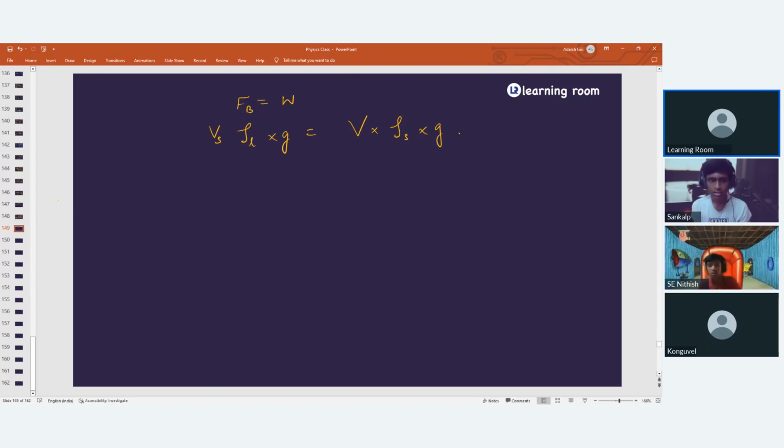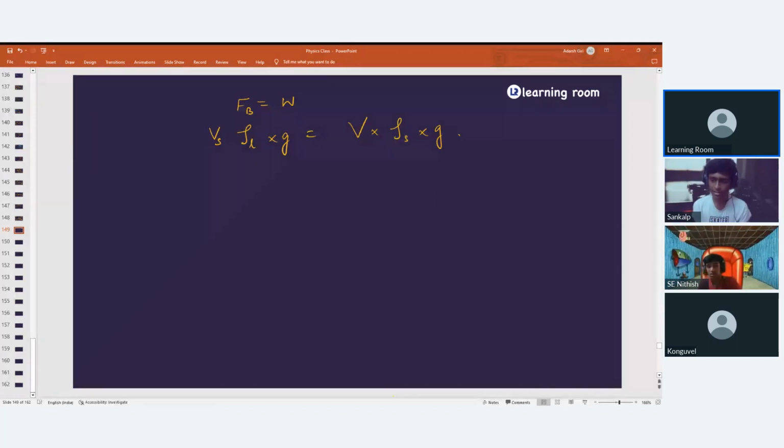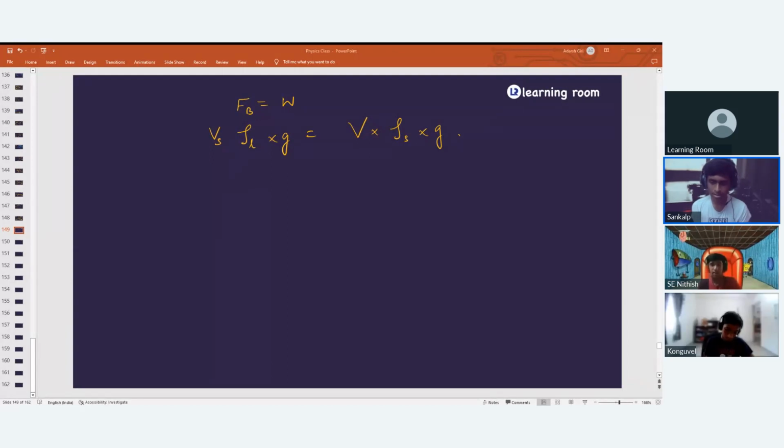That will be considering, sir. If FB is equal to W, in all cases, whether it is suspended or floating on the top, it all depends on FB and W. If FB is equal to weight, it will float equally, right, sir? If FB is a bit more than W, yeah, that's why I said.